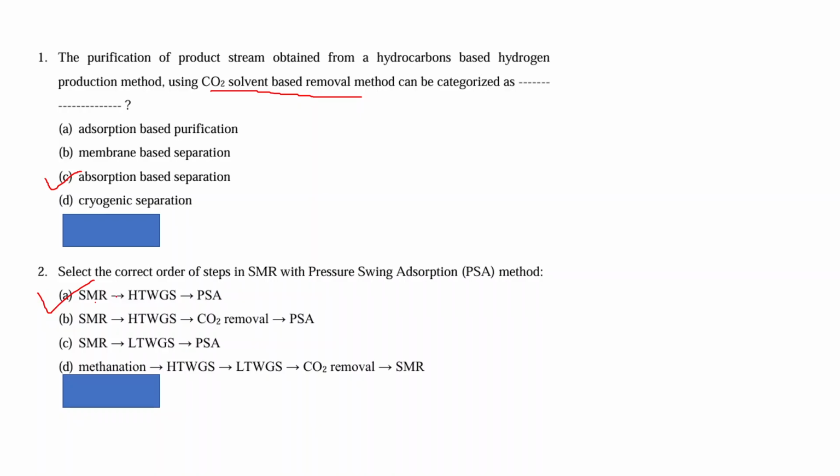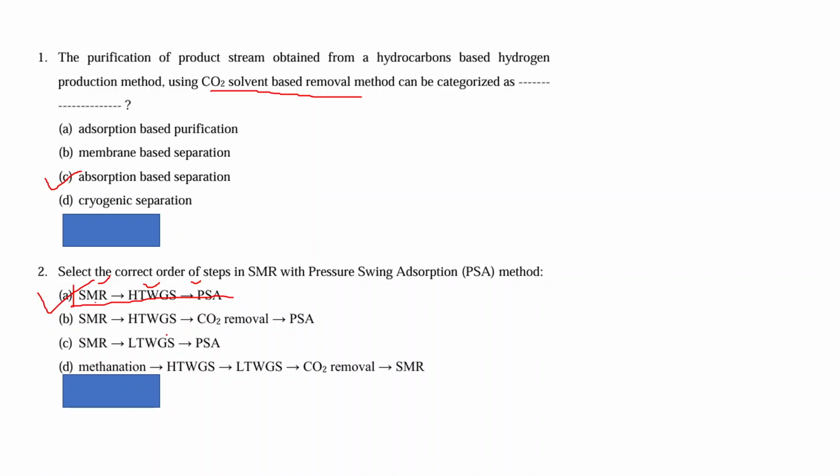If we use high temperature water gas shift reaction and low temperature water gas shift reaction, then the quantity of carbon dioxide or carbon monoxide will also be reduced. So directly you use SMR, high temperature gas shift reaction, and pressure swing adsorption process. Adsorption process means that the carbon dioxide gas will be adsorbed. Simple things.